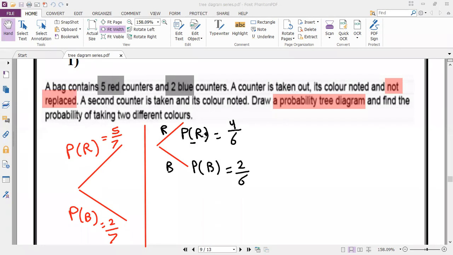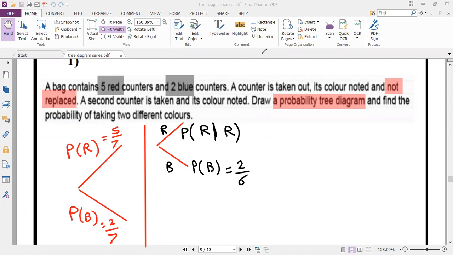We write P(R|R). That means this is the probability of getting a red counter after getting a red counter at the first time. So it's P(R|R), not P(R).